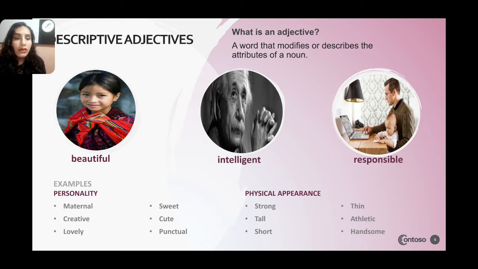So here, with these examples, now you are thinking, how can you describe yourself? What are those adjectives that describe your personality or your physical appearance? Con algunos de esos tal vez ya puedes describirte, ¿cierto?